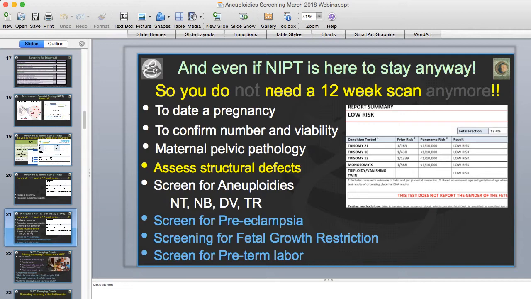You can also assess for maternal pelvic pathology, and of course screening for aneuploidies comes out naturally from this entire performance. So that is the way the system works as of now.